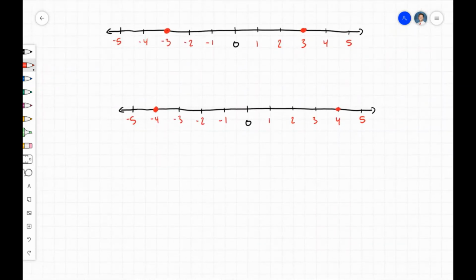If your team had the ball and they gained 5 yards, that would be a positive 5 yards. Whereas on the other hand, let's say your quarterback was sacked for a loss of 5 yards, we could represent that with the integer negative 5. So these words, gain and loss: gain is associated with positive integers and loss would be associated with negative integers.